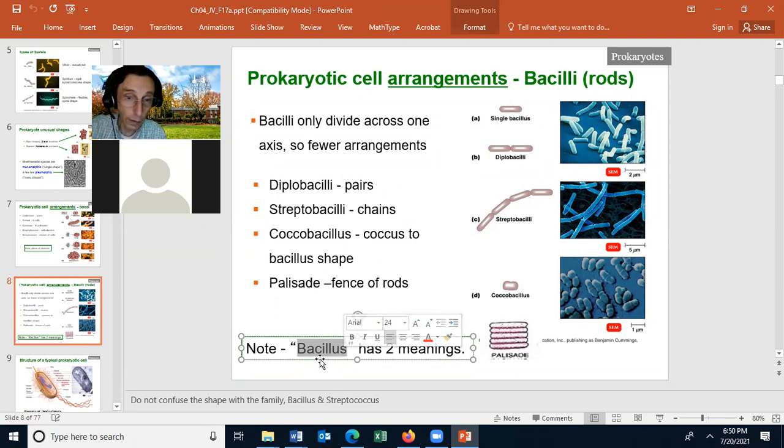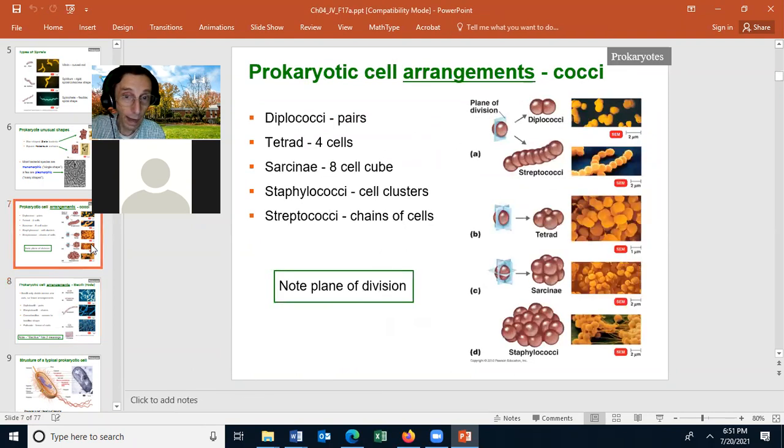If it is a lowercase b for bacillus, we mean the shape of the bacteria is a rod. Okay? And don't get confused with the Streptococci, which is a cellular growth arrangement.